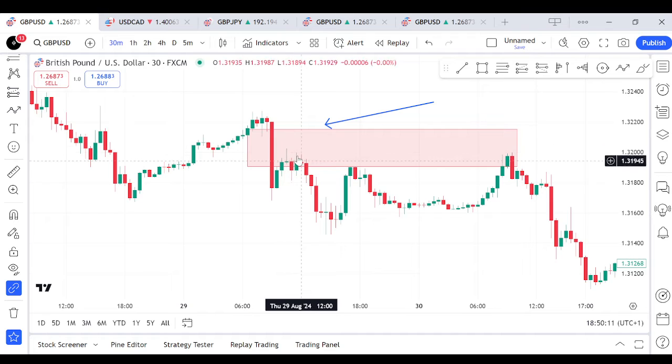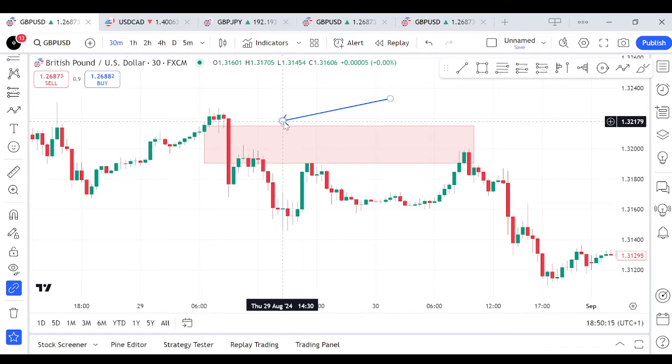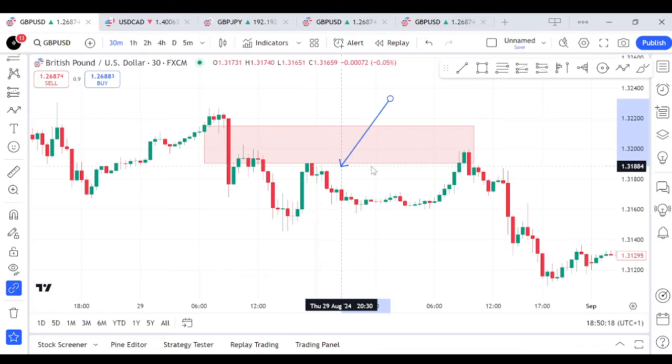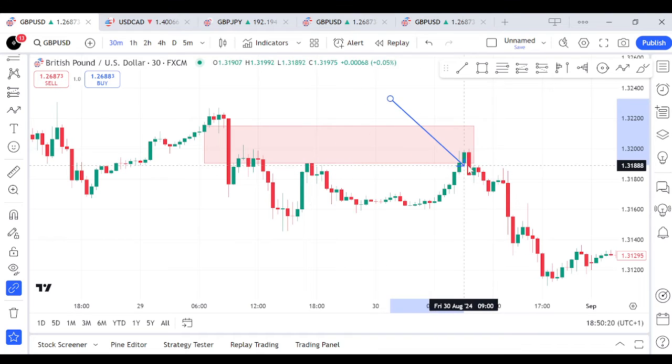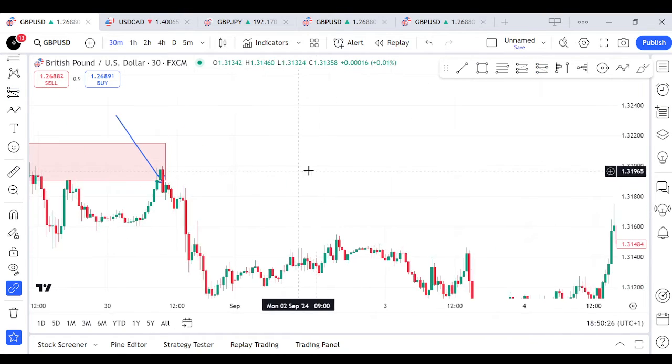And immediately price filled the zone, but price filled it about 3 times. Have one here, another one here, and another one here, and after that you can see price giving us the push to the downside, and that is an FVG.